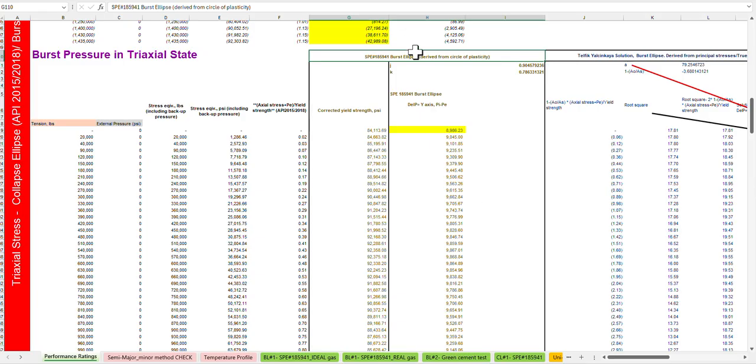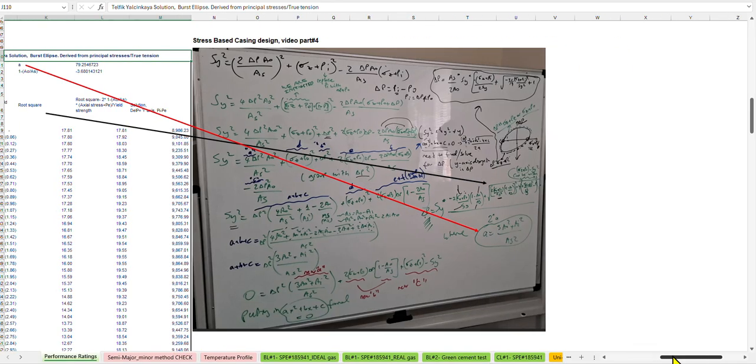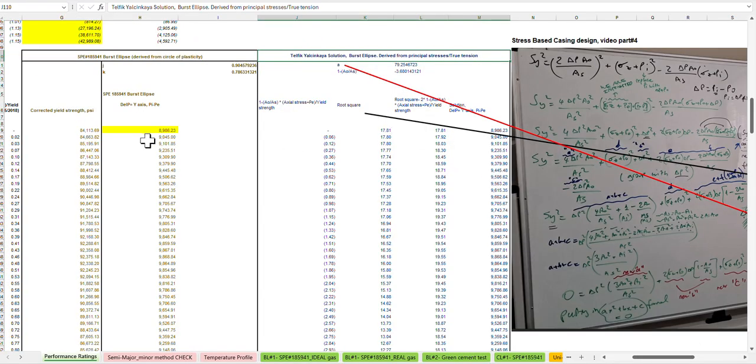One of them is presented in this paper. They derived it from the circle of plasticity, and I made the derivation from the principal stresses. The formula is different from what I derived, but the corresponding delta differential pressure numbers are exactly the same.